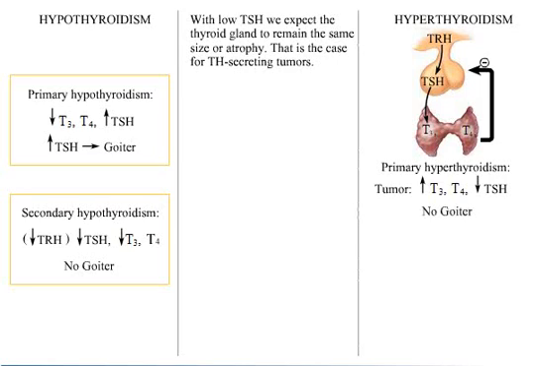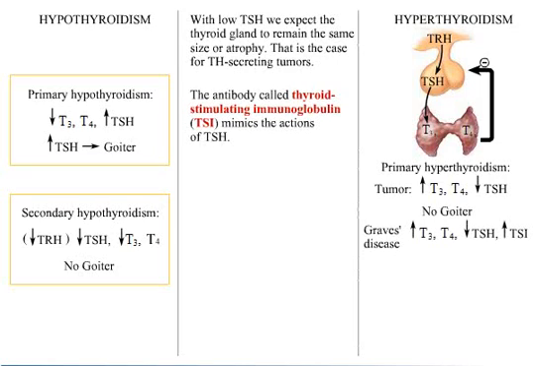With low TSH and the concomitant loss of its tropic actions on the thyroid gland, we might expect the thyroid gland to remain the same size or atrophy. That is the case for thyroid hormone-secreting tumors. In Graves' disease, the body produces an antibody called thyroid-stimulating immunoglobulin, TSI, that mimics the actions of TSH.